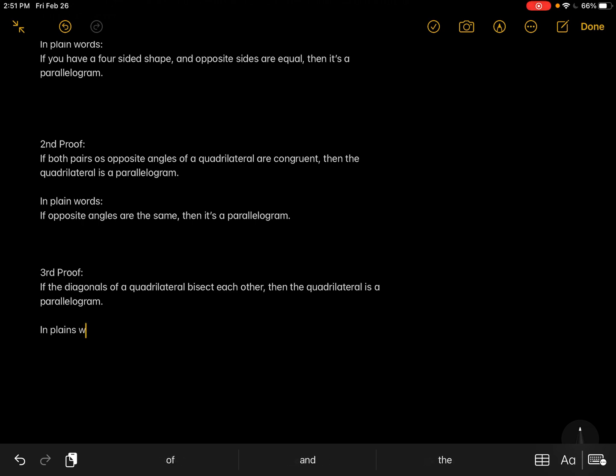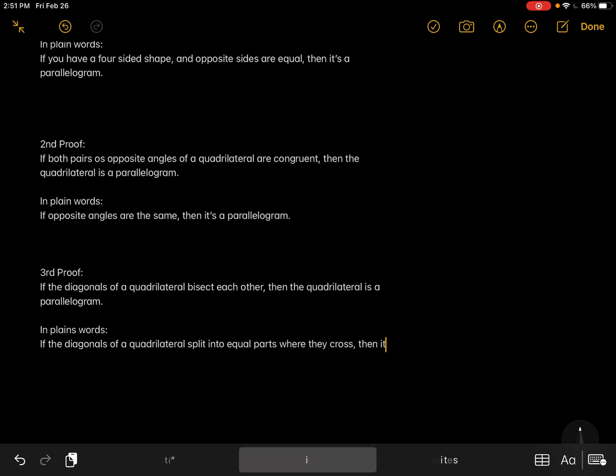This one's a little bit more tricky to put into plain words, but it's basically saying if the diagonals of a quadrilateral split into equal parts where they cross, then it's a parallelogram.